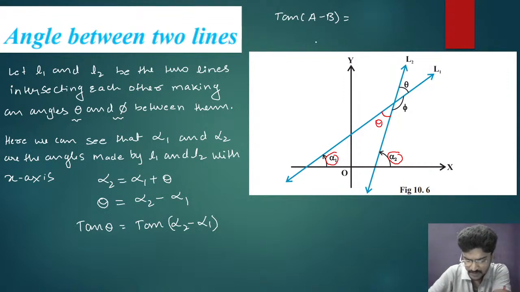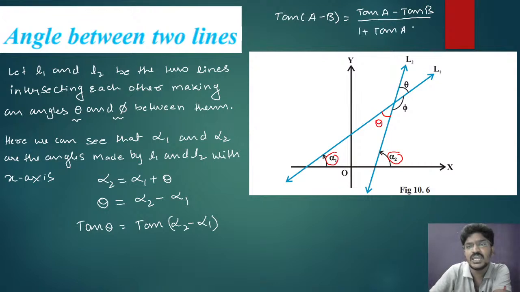Tan A minus tan B divided by 1 plus tan A into tan B. Right. So this is the formula for tan of A minus B.